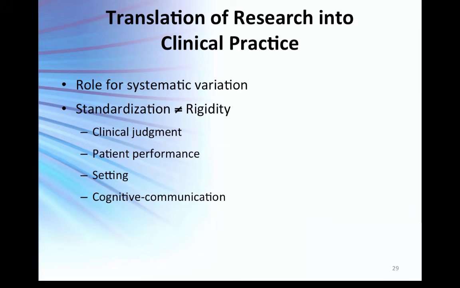You can score them to demonstrate how swallow physiology component improves with the strategy, but that doesn't get put in your impairment score, because we're trying to capture impairment in that room and score it so we can compare improvement from one session to another, not just capturing compensation or adaptation. So you do have to use your clinical judgment. It's going to be based on your patient's performance, the setting you're in, and the cognitive communication status of your patient.